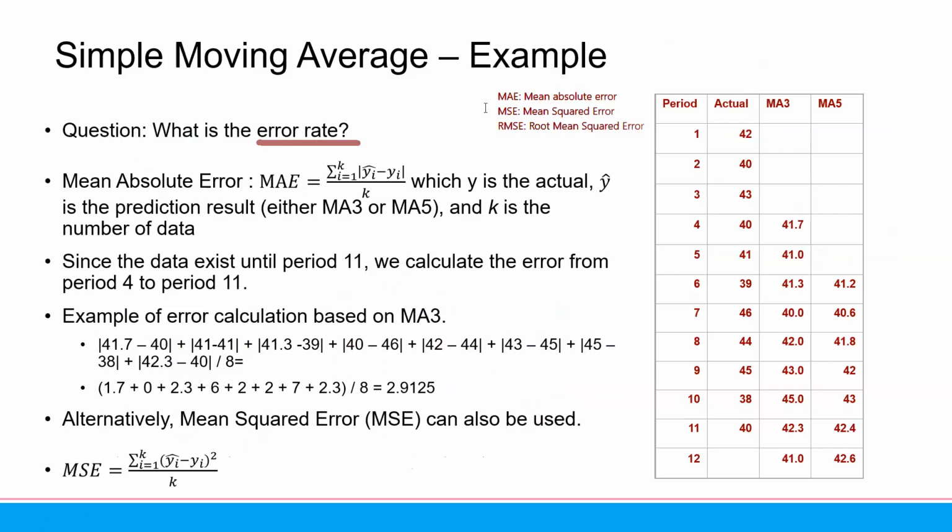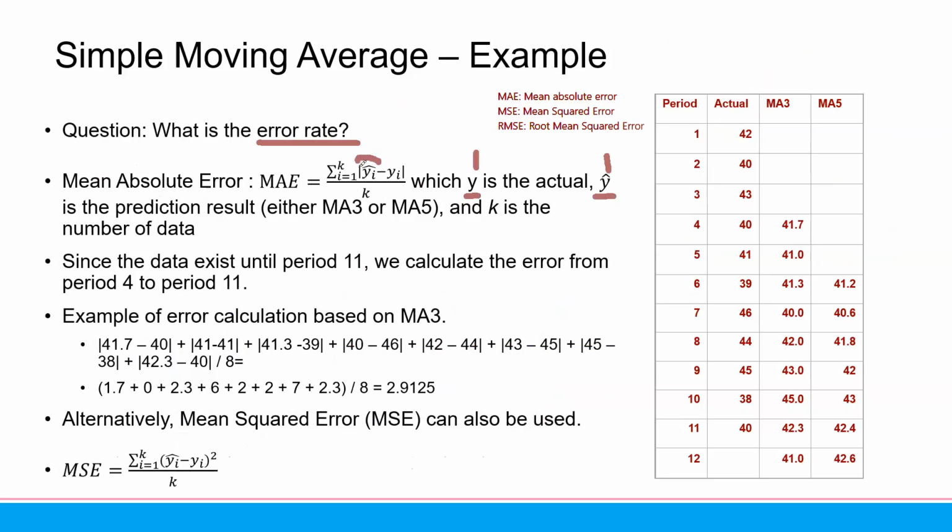The basic idea can also be used in this moving average, or this time series data. So we have the Y, which is the actual, and we want to check the error rate. The error rate is the deviation between the prediction and the actual.